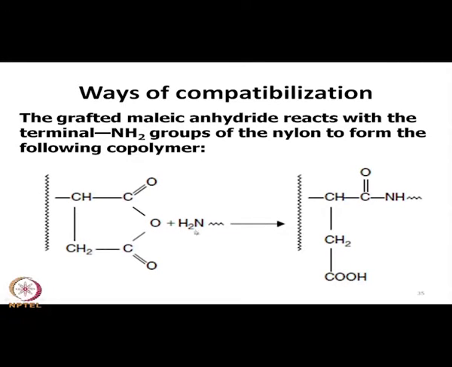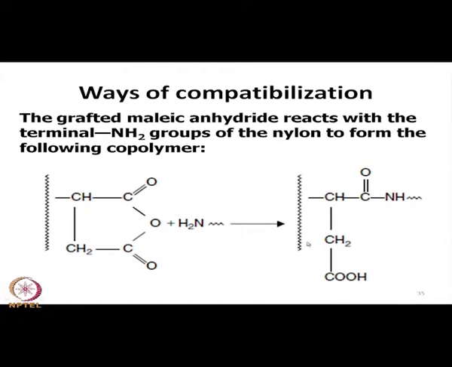So, it is a kind of acid base reaction and some condensation occurs, forming the polyamide bond, CONH amide bond, with the end of this nylon chain, and this is the EPDM chain, leaving behind one free carboxyl group.